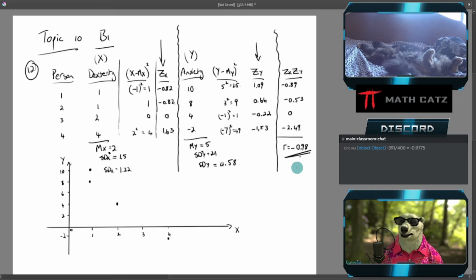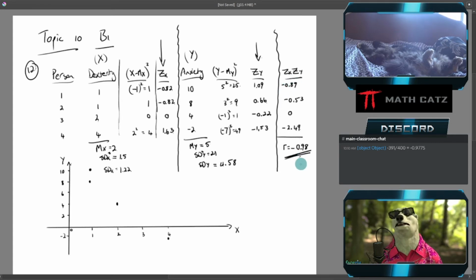I apologize, but it is worth seeing how a little typo or a little copy mistake can be disastrous. A little negative. It wasn't my calculator, I didn't write it down.